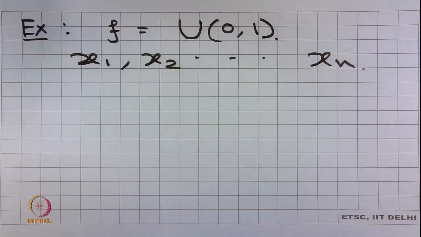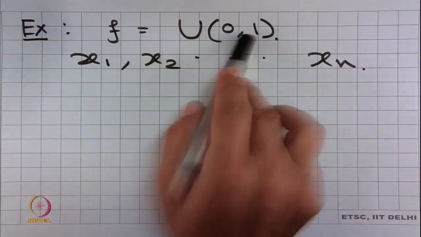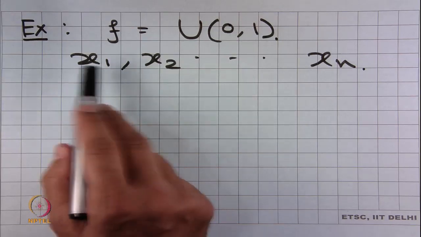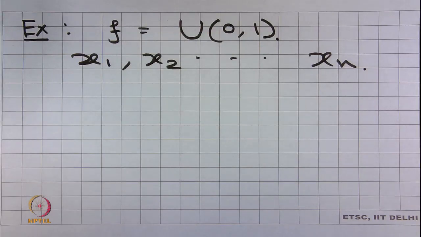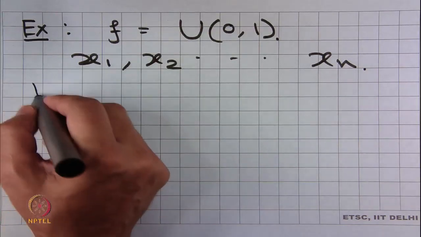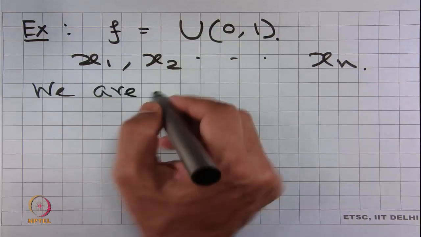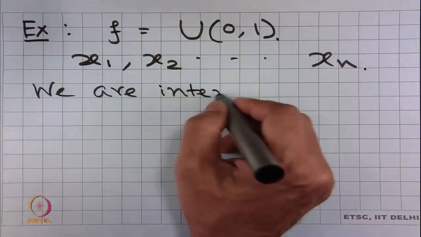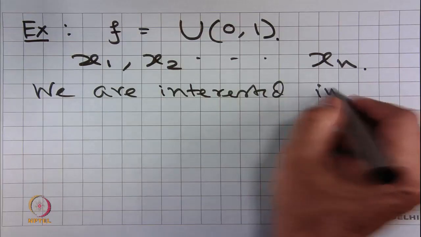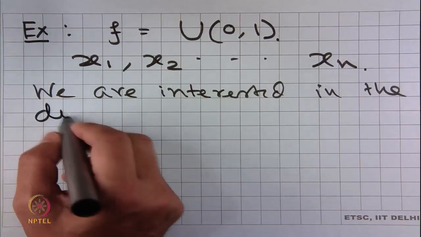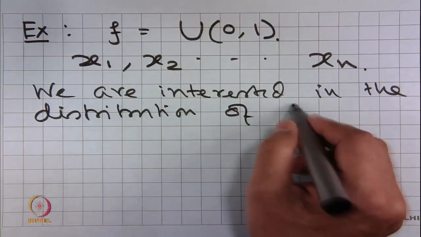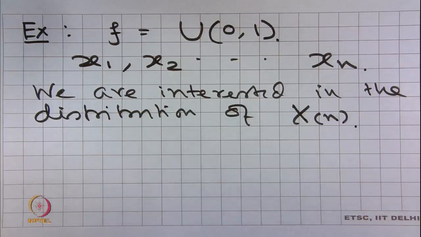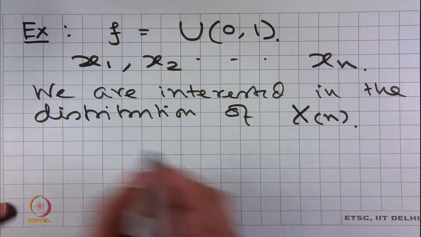So, let us consider the uniform 0 1 distribution, and we have observed n samples from this distribution. Suppose we are interested in the distribution of X_n, the nth order statistic. So, what we will do?